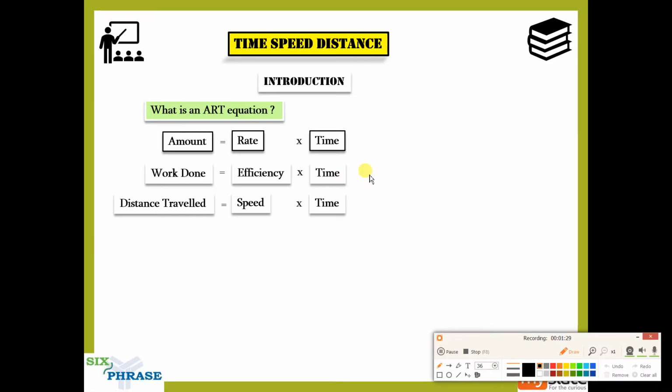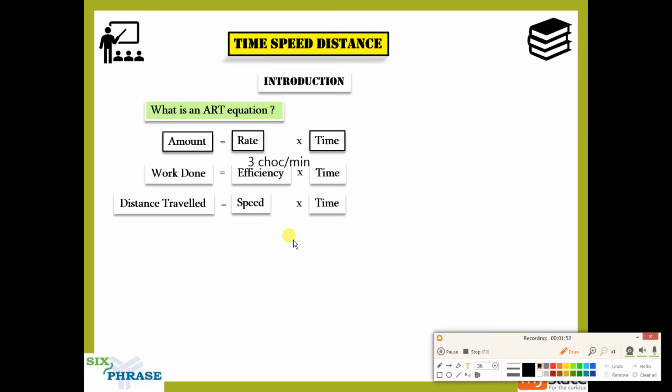Let us suppose that a child eats three chocolates per minute. Now this is efficiency.